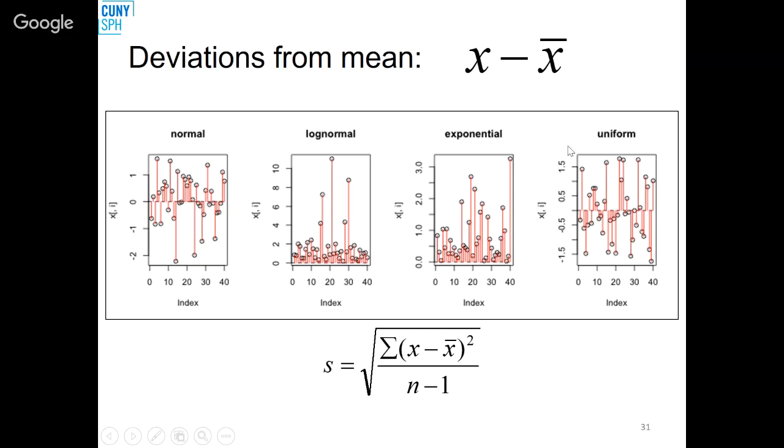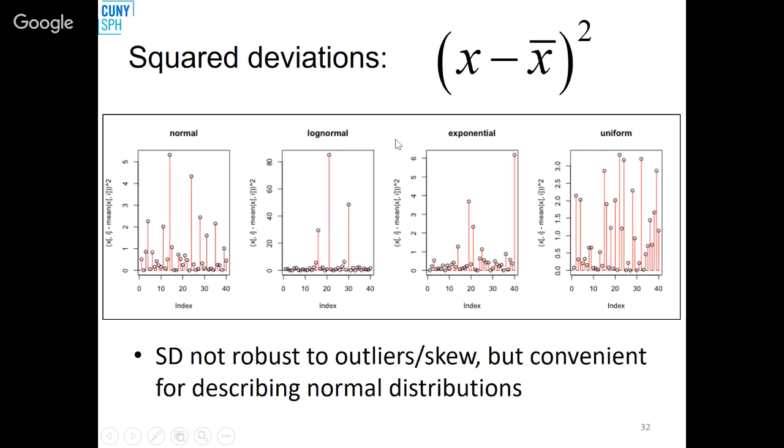Well, for the standard deviation, it's the square of these deviations. So if you thought the mean was sensitive to outliers, the standard deviation is much more sensitive to outliers because you square those deviations. So now these outliers in the log normal distribution, they really dominate the estimate of the standard deviation.